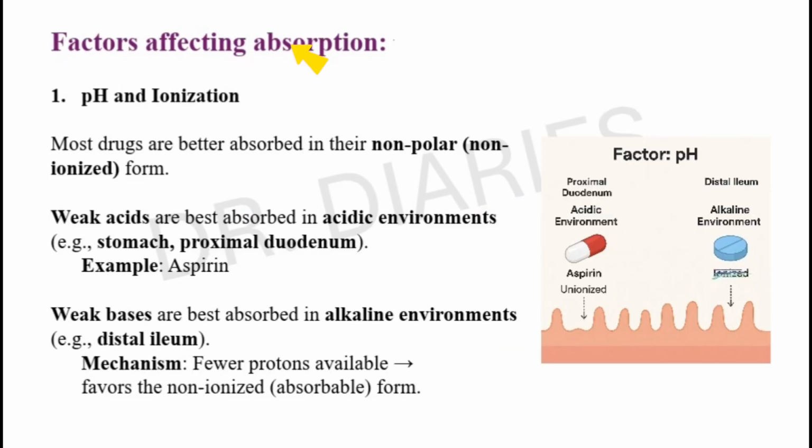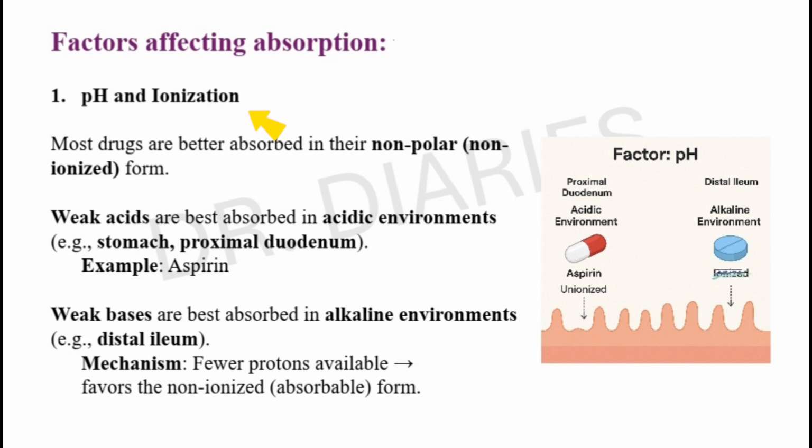Factors affecting absorption. 1. pH and ionization. The pH of the environment, acidic or alkaline, and the drug's chemical nature, acid or base, affect whether it is ionized, charged, or non-ionized, neutral. Only non-ionized, uncharged drugs can easily cross lipid membranes.